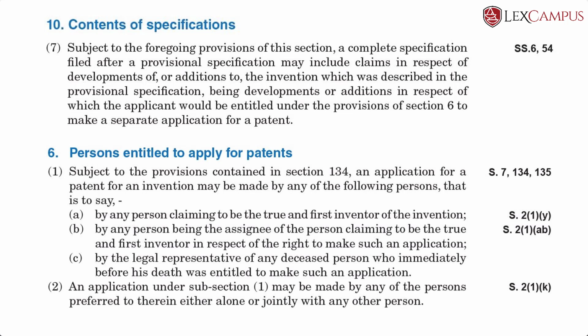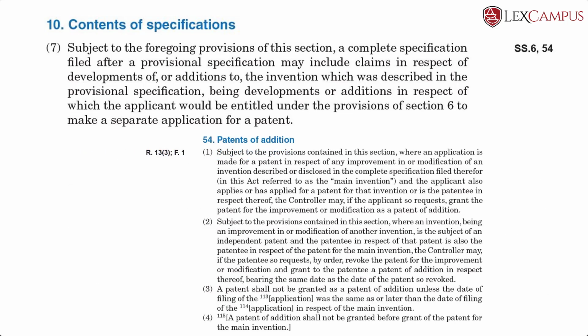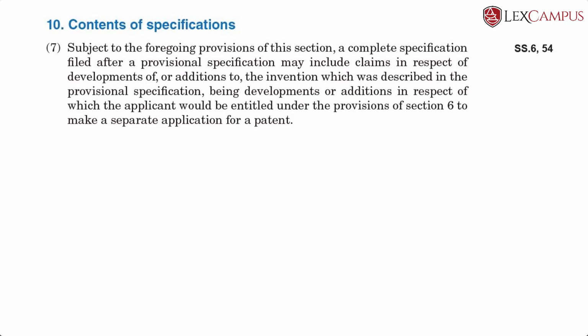Subsection 7 says that if there is a complete specification filed after a provisional, then all the developments and additions that happen to the invention in the interregnum, in the period between the filing of the provisional and the complete, can also be claimed in the complete.